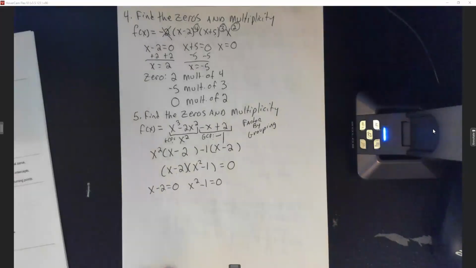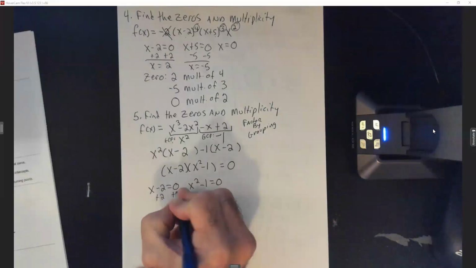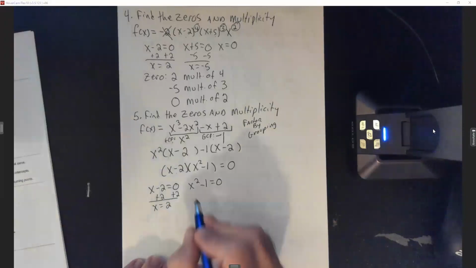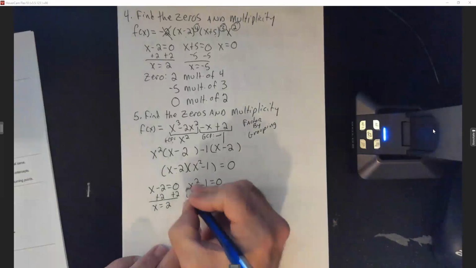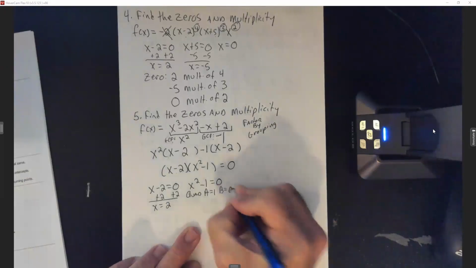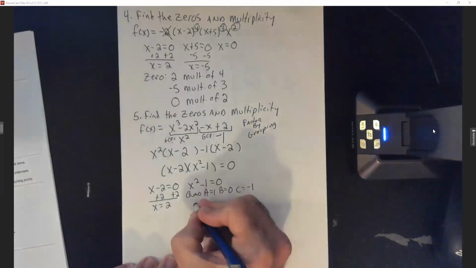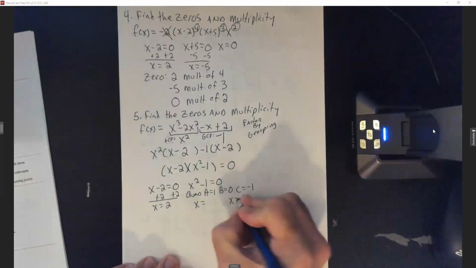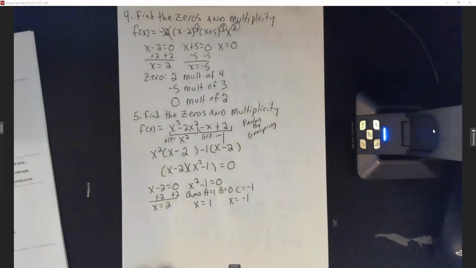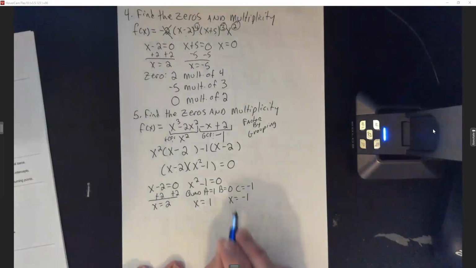All right, y'all, so the first one I can solve by adding 2. So I get x is a positive 2. The second one, I'm going to use the quad. A will be 1, B will be 0, and C will be a negative 1. If we punch that on quad, it'll give me 2 answers. It'll give me a positive 1 and a negative 1. So let's see, we've solved everything.